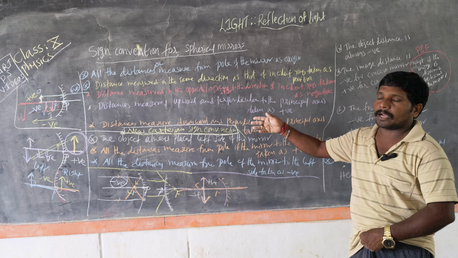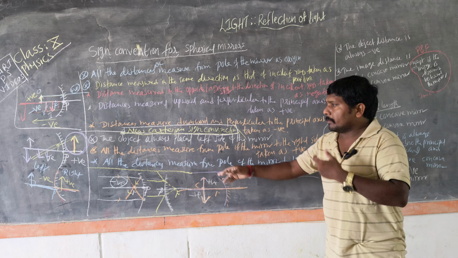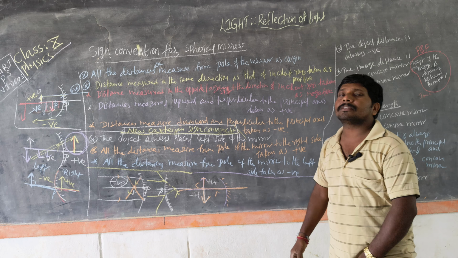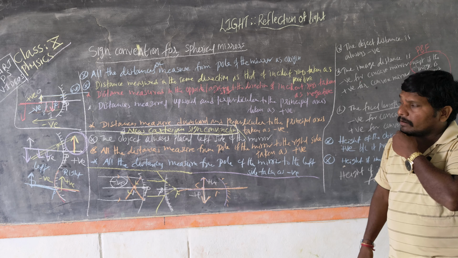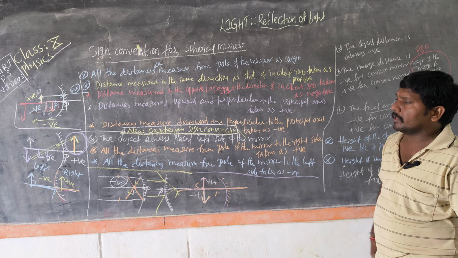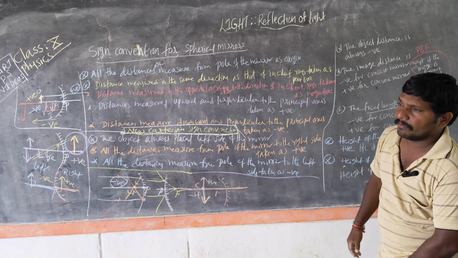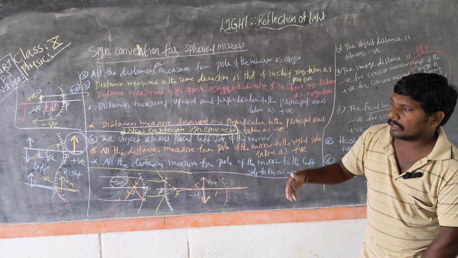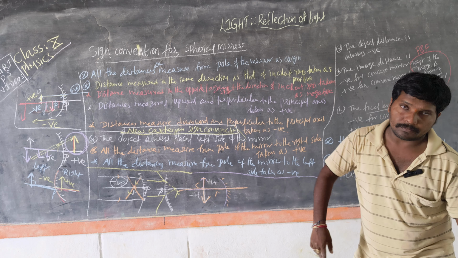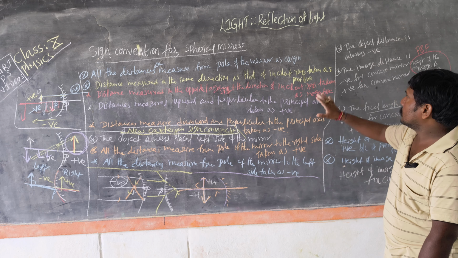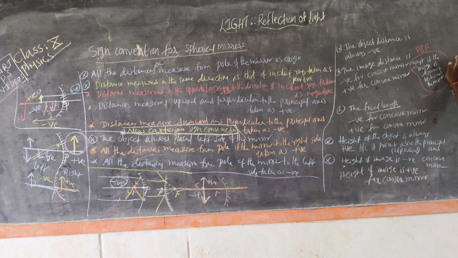Extra, what we have: the object is always placed on the left side of the mirror, to know the direction of the light rays very easily, that is, left of the pole. So I hope you understand.